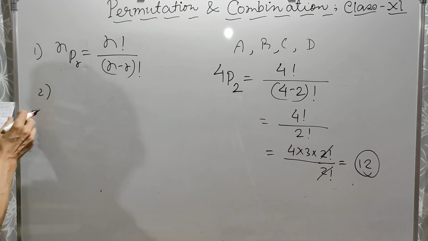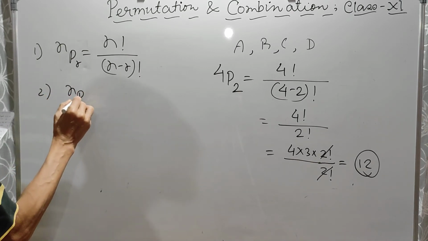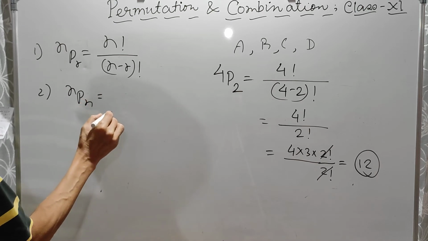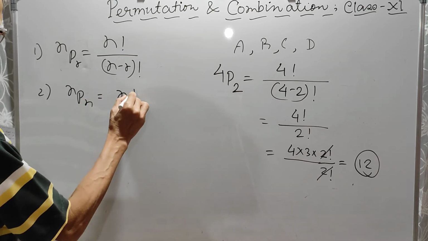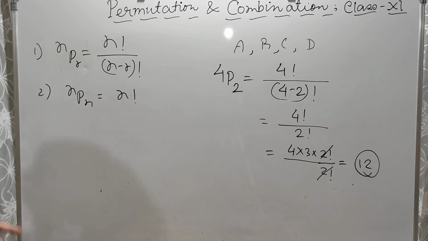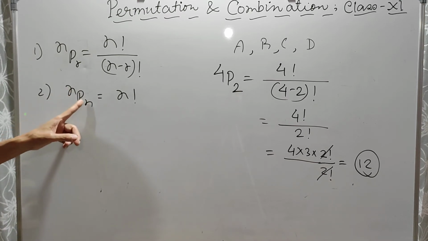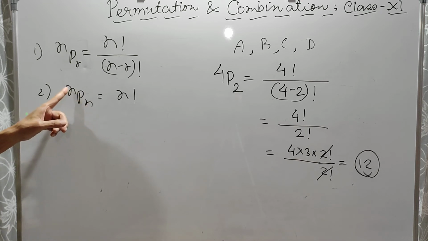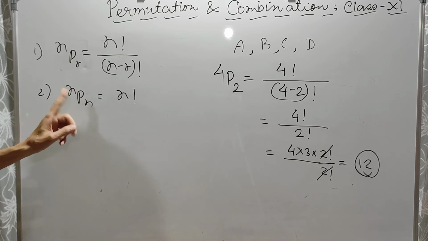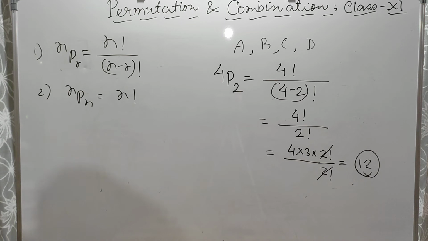Then nPn is just n factorial. The number of permutations of n things taking all at a time, nPn. Permutation of n things taking n at a time, that means taking all at a time, so straight n factorial.